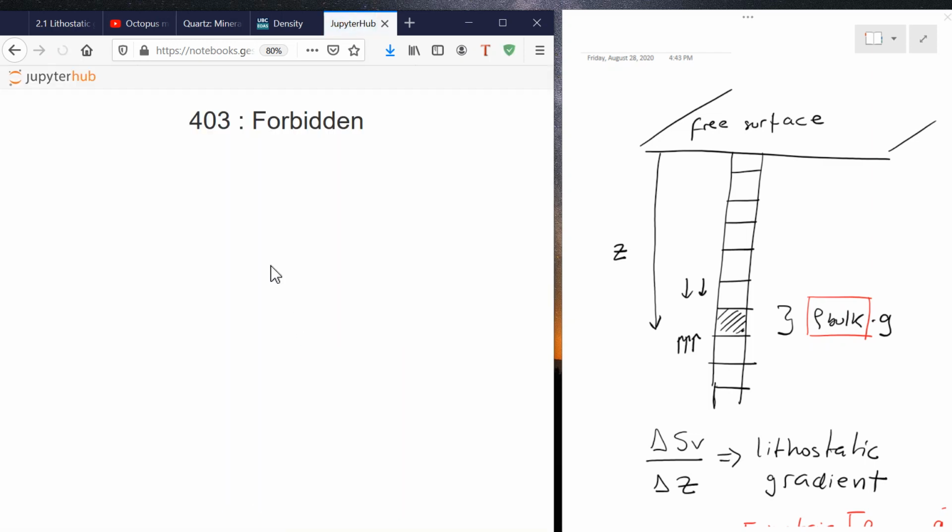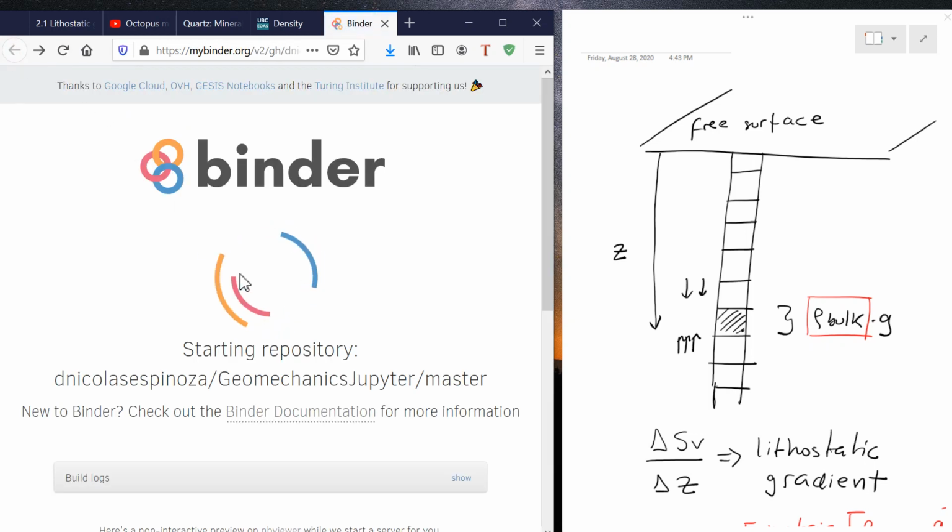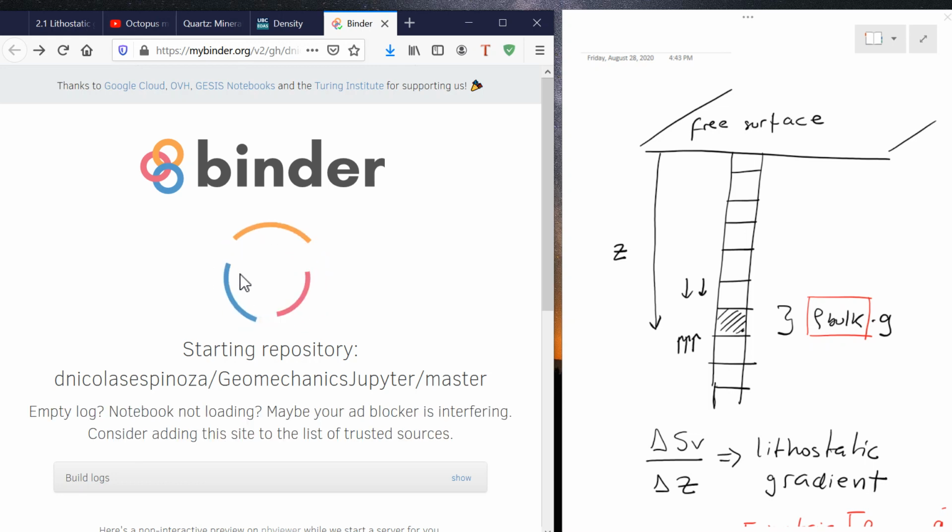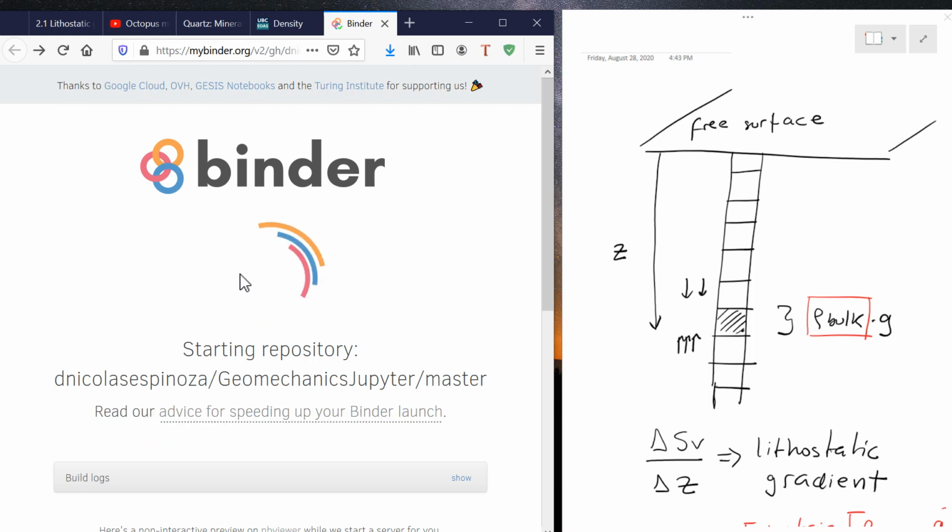I need to run this again. It is going to allow us to calculate vertical stress and pore pressure, assuming that the density of the rock and the density of the water are constant, and also it is going to assume hydrostatic pore pressure. So you can use this code for your homework, okay?